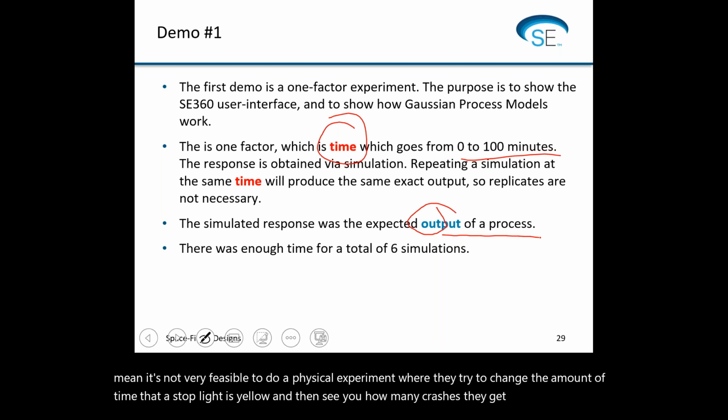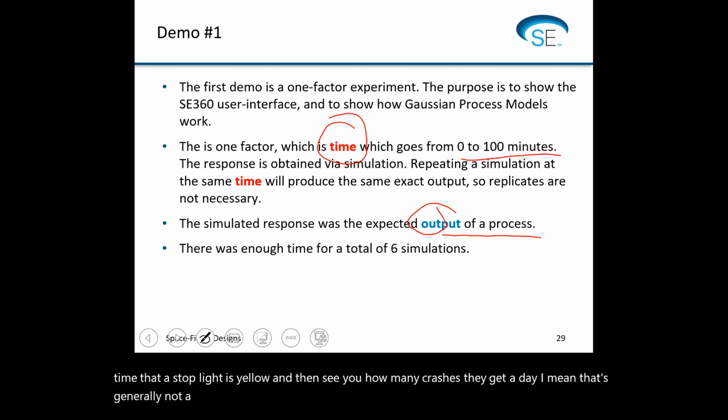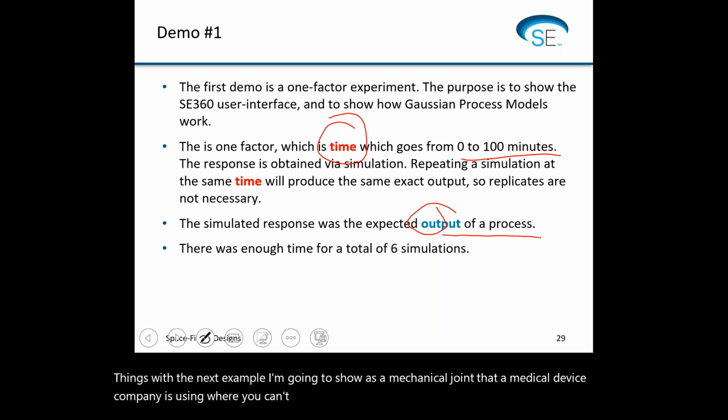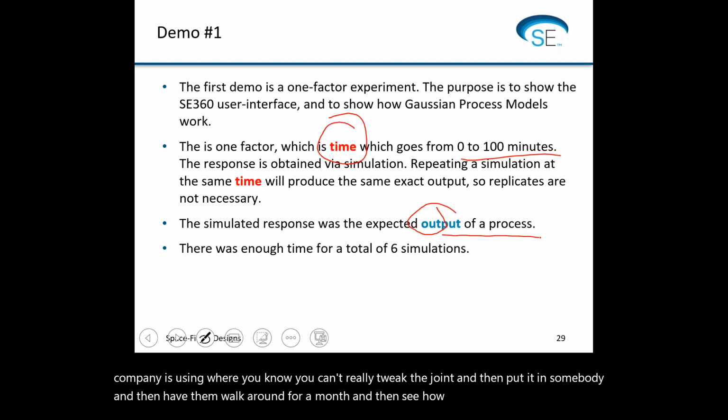That's generally not a very ethical or feasible thing to do. The same goes for things with weather, and the next example I'm going to show is a mechanical joint that a medical device company is using, where you can't really tweak the joint and put it in somebody and have them walk around for a month and then see how it feels. So really you need the computer to do the heavy lifting.